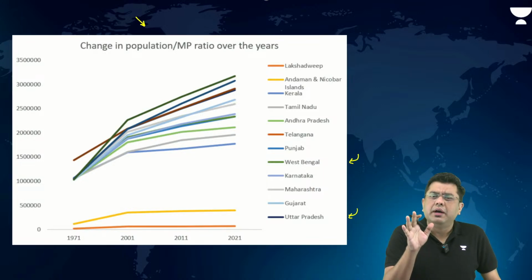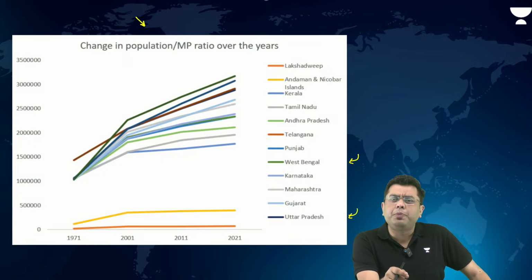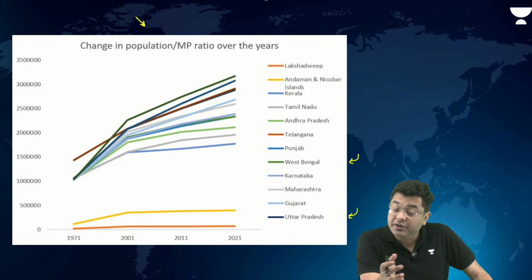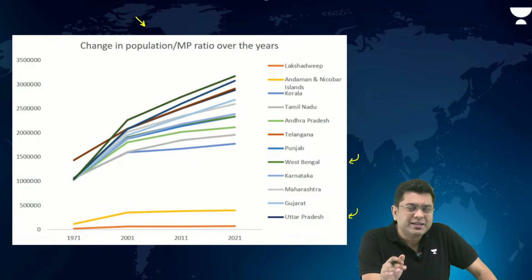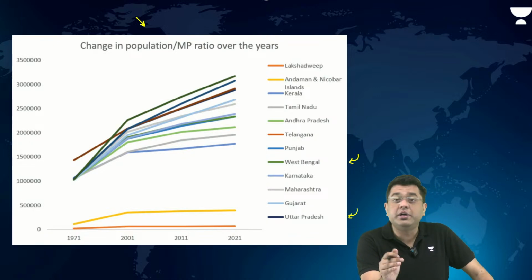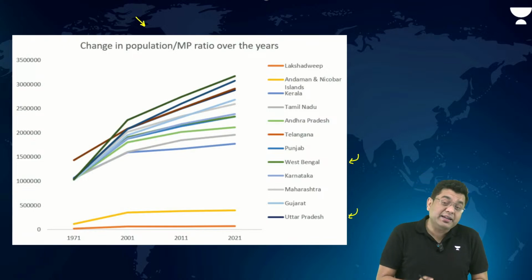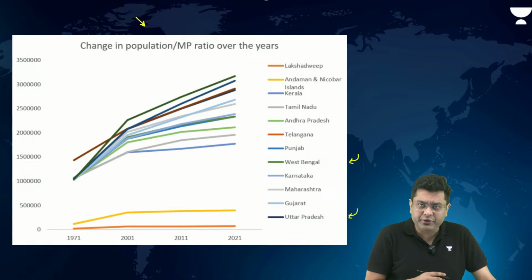But if delimitation is carried out purely on the basis of population, is that going to be fair? Even though it is constitutional, just because something is constitutional does not always mean that it is going to be fair. Why do I say so?